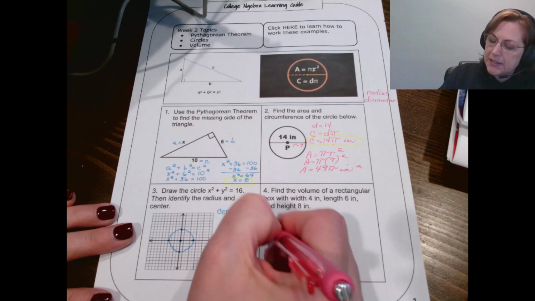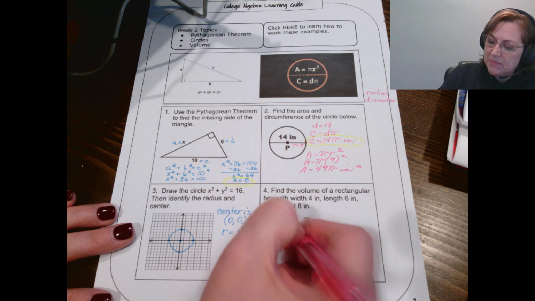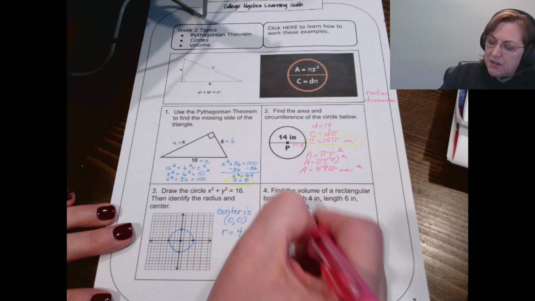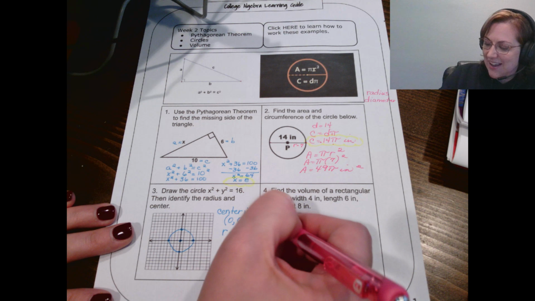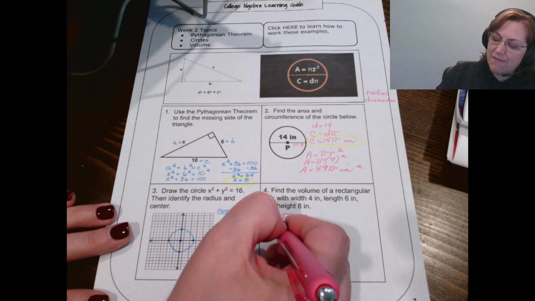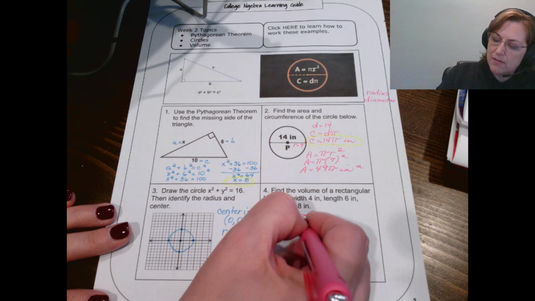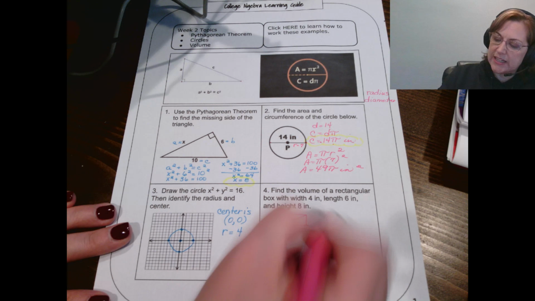So I am no artist, but I will attempt here. I know enough about art to be dangerous, and I say that because my sister is an art teacher. Okay, and so the width is 4 inches, the length is 6, and the height is 8.